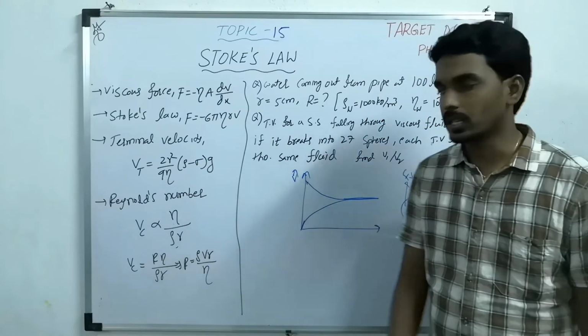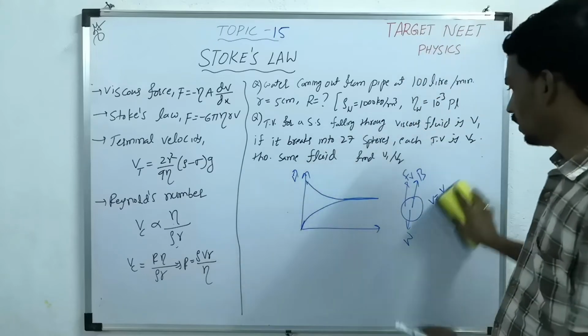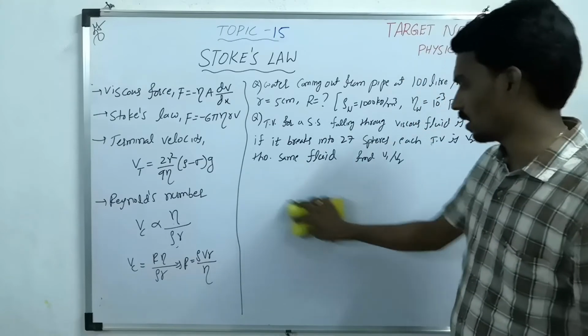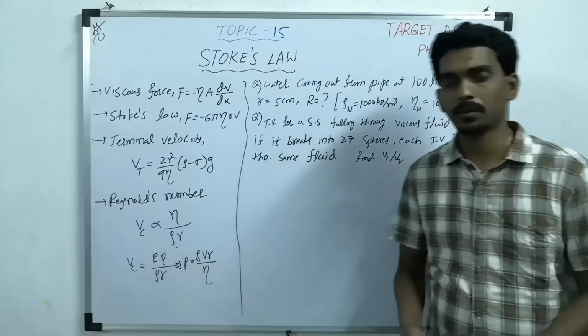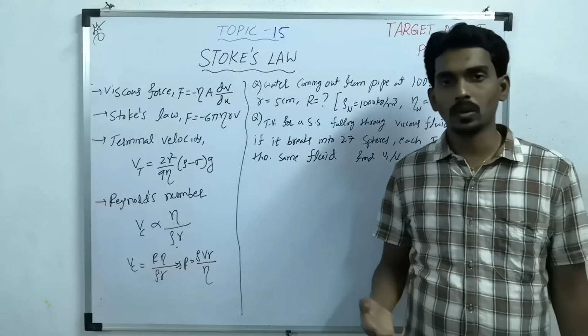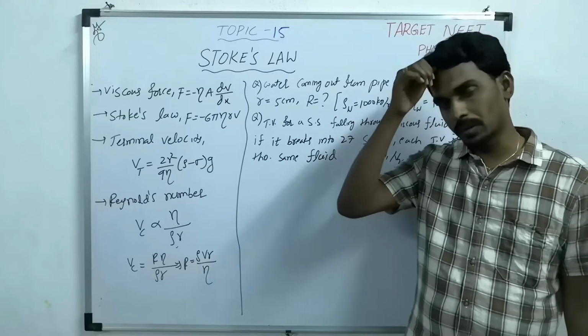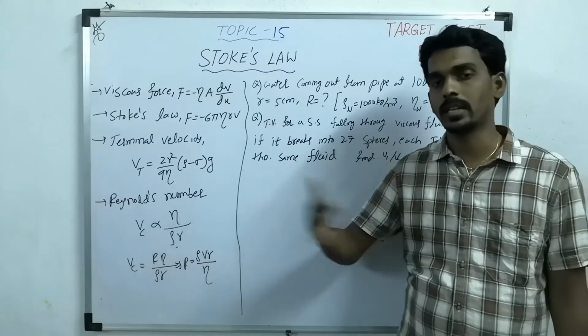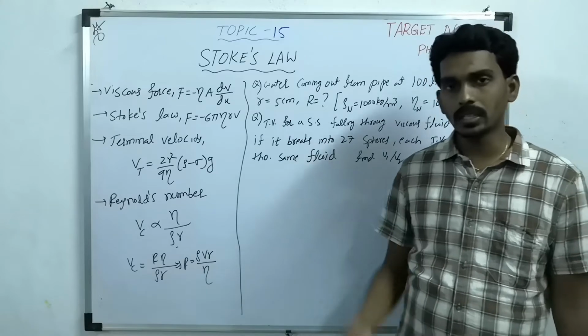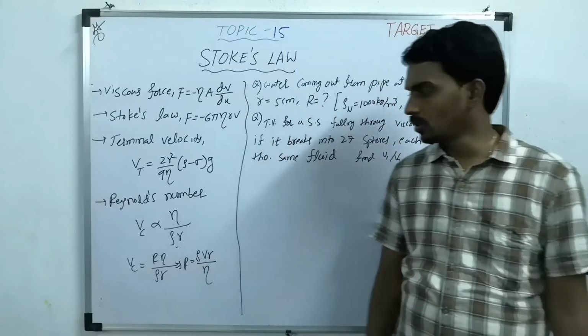Now one more thing is, whether a liquid flow is turbulent or not. Depending upon the nature of the fluid, for a particular speed it maintains its steadiness, and after that it becomes turbulent.